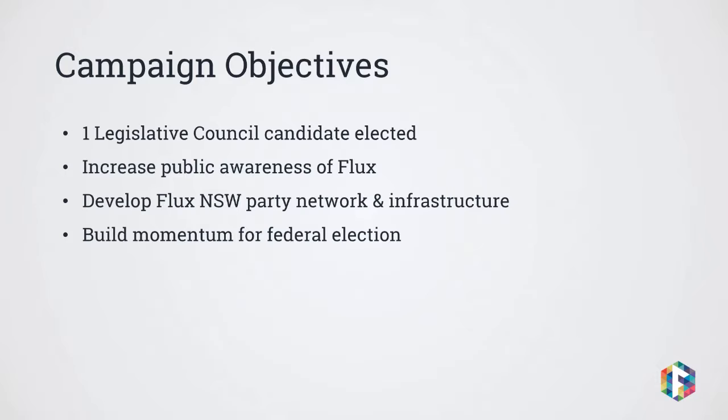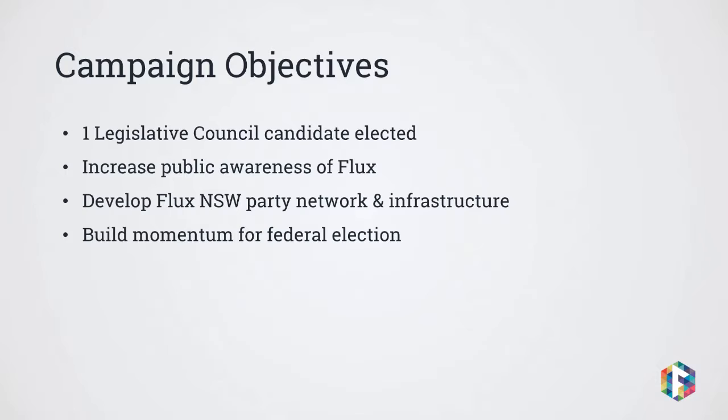So for this campaign, the objectives: the only way to measure whether we're doing something well in a campaign is to set some objectives so that we can measure afterwards how we track against those initial aims. Our objectives for this campaign are primarily to get somebody elected, and that will happen.